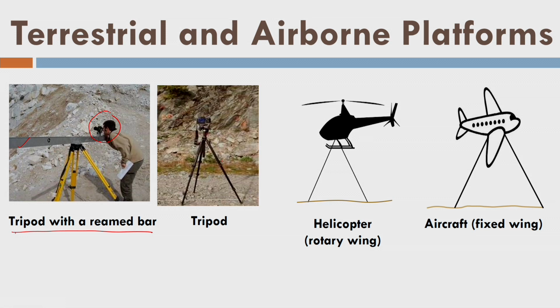Similarly, there is a tripod shown in this image, where a camera is mounted over the tripod. You might have seen this kind of arrangement of a camera mounted on a tripod. Even the still cameras or the photographic cameras are mounted on the tripod to acquire the image information.